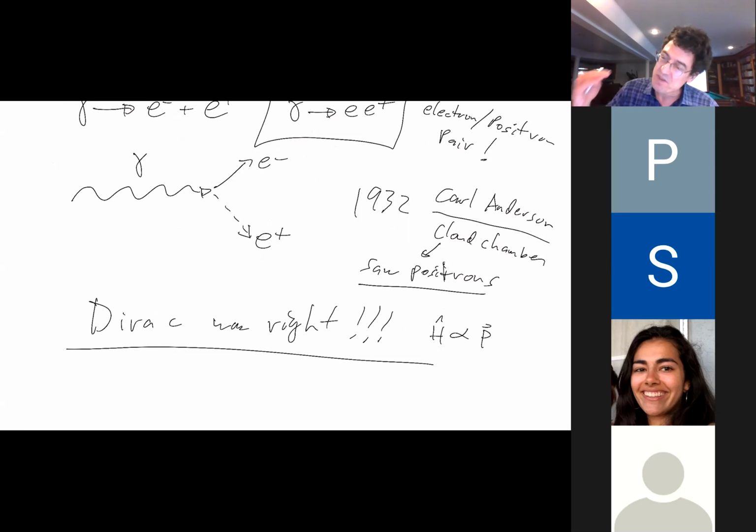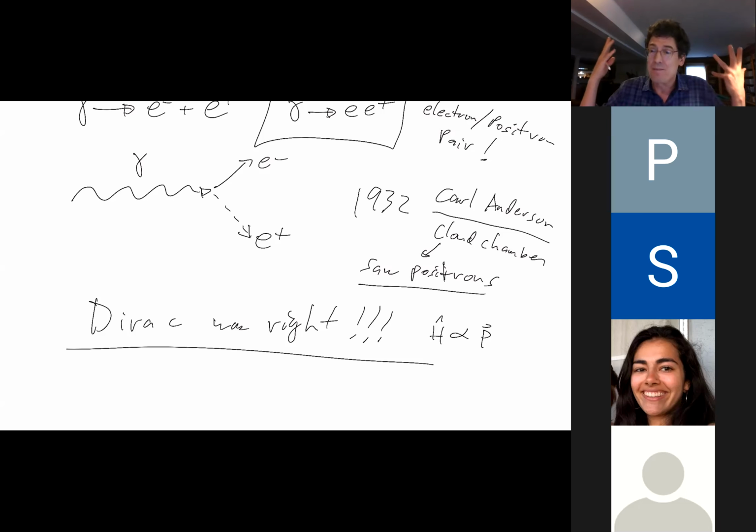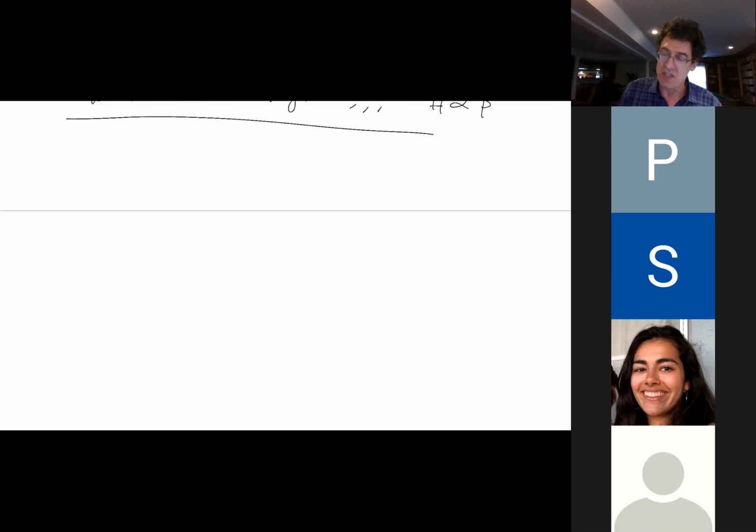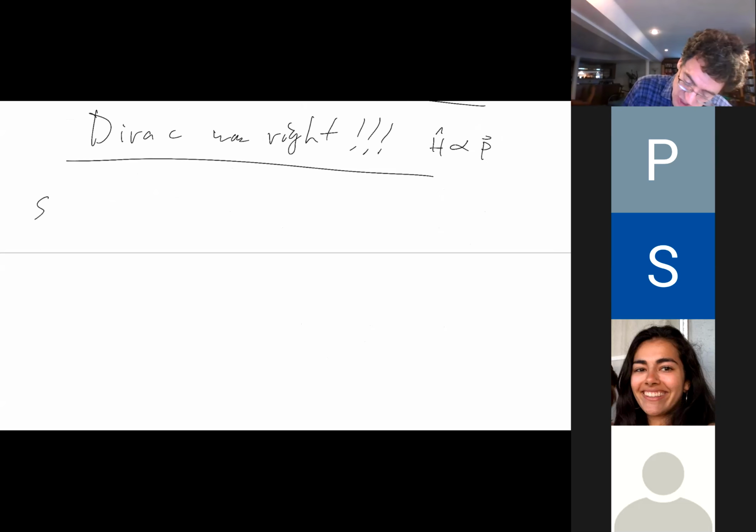You make that trivial assumption in order to get time and space on the same footing, and boom, out pops spin, out pops antiparticles with the correct mass. And there's even more that pops out. The next thing that popped out is the fact that spin leads to a dipole moment.